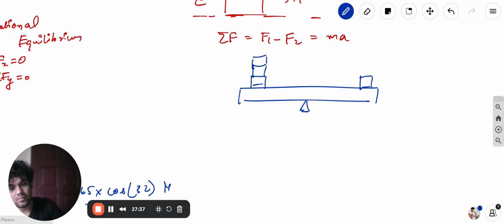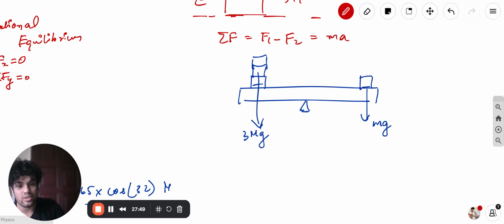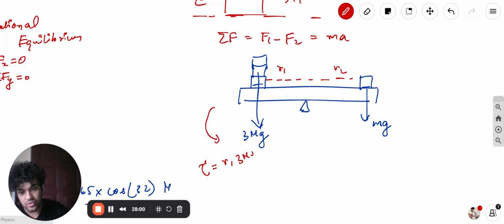Let's say I keep a box like this. Now gravity mg will be going like this here. Let's say everything weighs m, so this will be 3 mg going like this. Now we have to look at the r as well. We have to look at the distance. Now the torque caused by this side will be r1 times 3 mg.